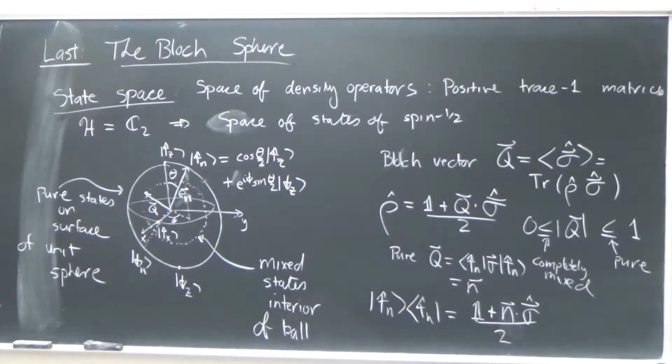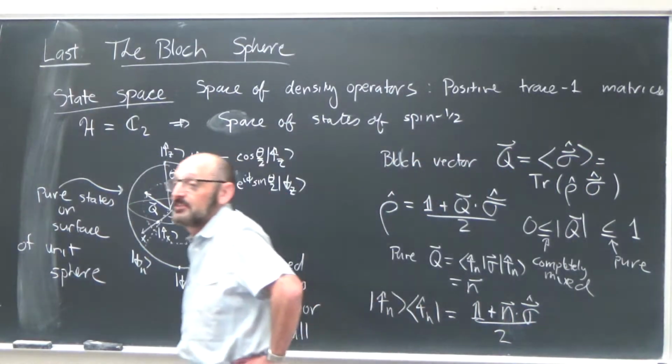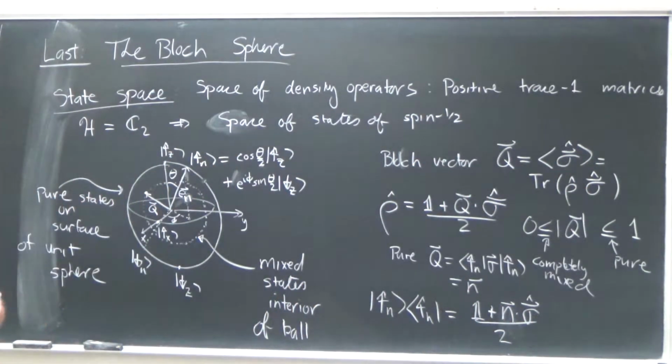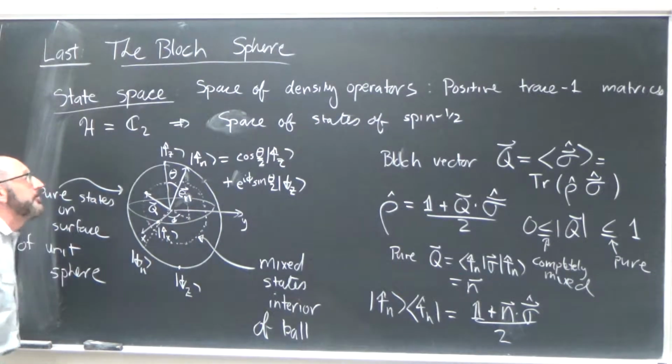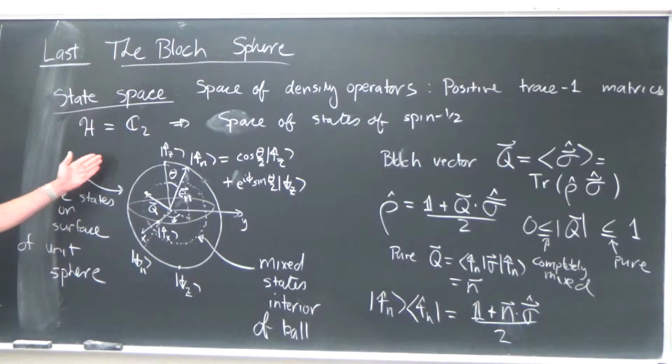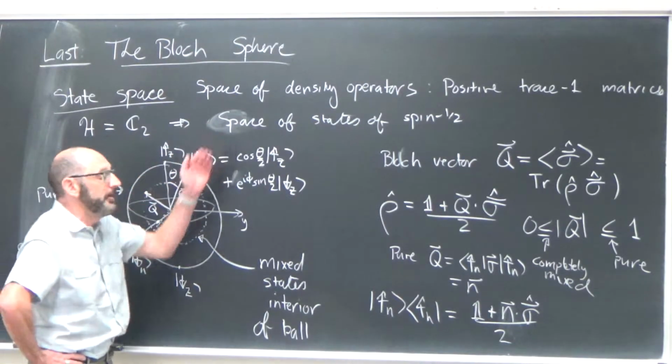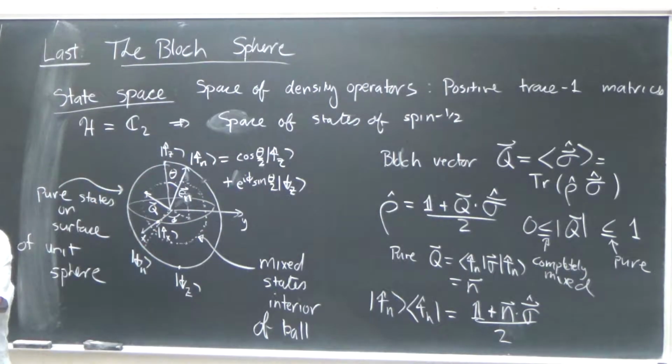And the space we're talking about is the space of density matrices. Okay? So that's the space of quantum states. In this case, we're talking about the density matrices associated with two-level systems. So those are the density matrices associated with a spin 1/2 particle.